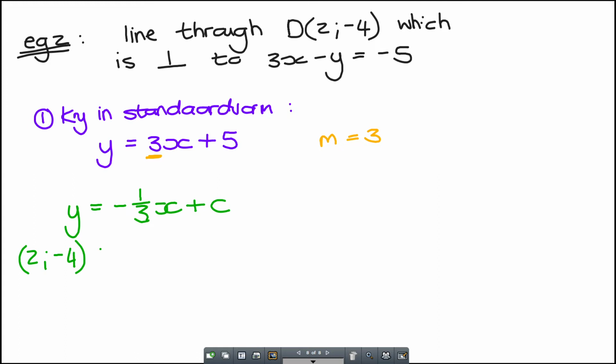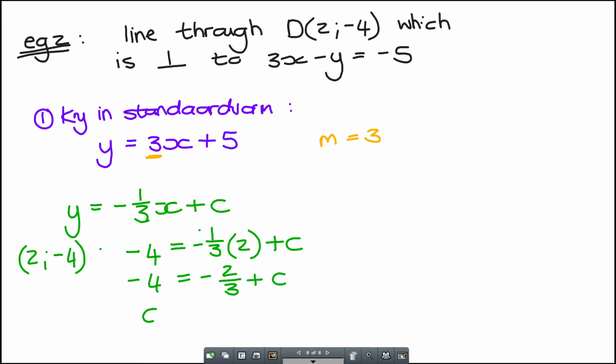So in plaas van y gaan ek hê minus 4. Minus 1/3. And instead of x, I use 2. Okay, so gaan jy kry minus 4 is gelyk aan minus 2/3 plus c plus 2/3.